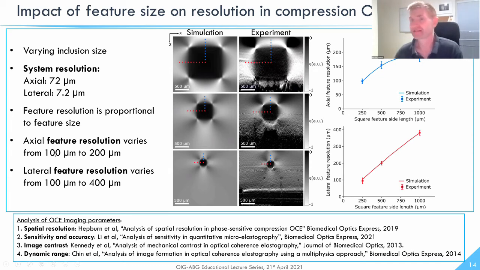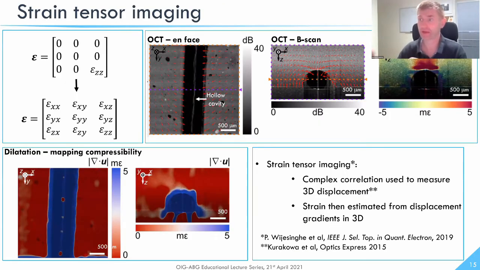Given that we've got these artifacts, sometimes you need to live with them in clinical applications where you need to scan rapidly. If you don't have a 100% accurate measurement of strain or elasticity, it might not matter as long as you can distinguish, say, tumor from surrounding tissue. But we wanted to make those sacrifices to image quality in an informed way.